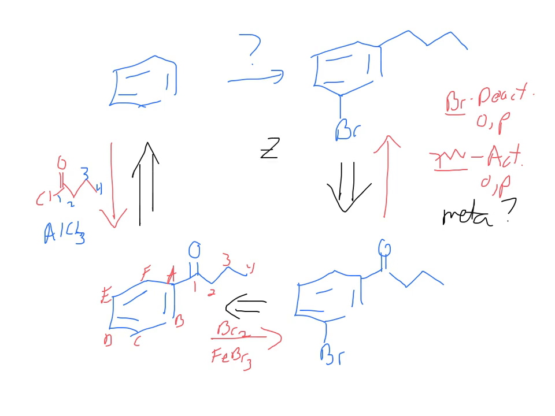So you could have zinc, HCl, which would work. You could have H2NNH2 with OH minus. And then you could have H2 palladium on carbon. All 3 are possibilities, all 3 work.